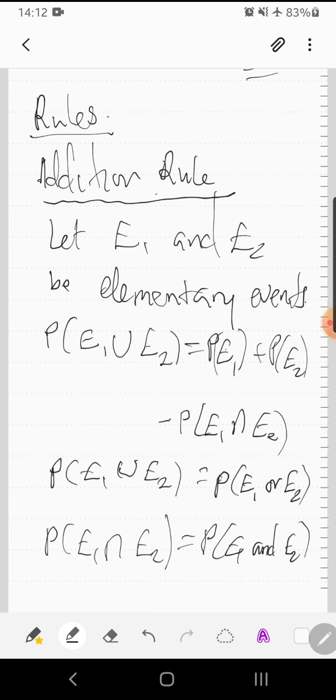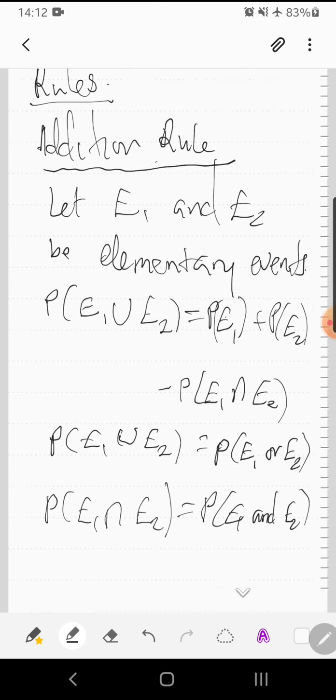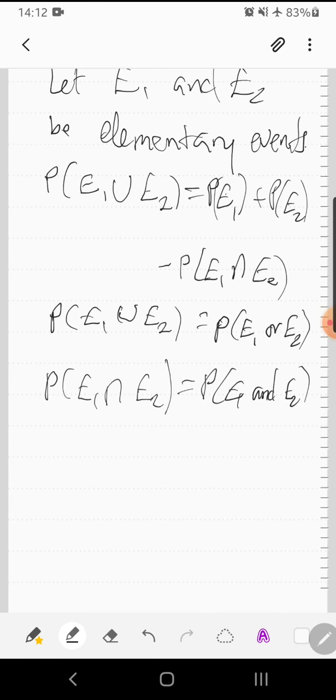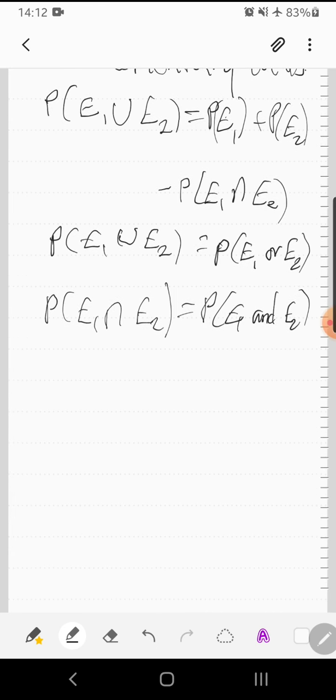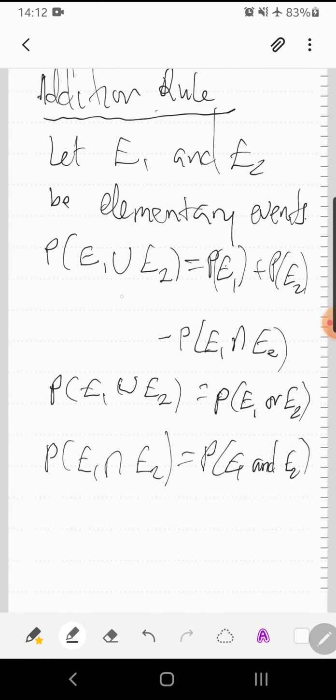So for the intersection, we're just talking about these events E1 and E2 occurring at the same time. So this is the addition rule. If we want to find the probability of E1 union E2, which is the same as the probability of E1 or E2, we just get the probability of E1 and add the probability of E2, and then finally subtract the intersection.